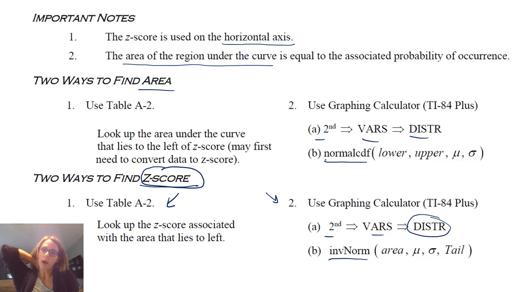But what goes inside is your lower bound, your upper bound, your mean, and your standard deviation. And I'll talk about lower bound and upper bound because the mean and the standard deviation we've already been talking about, 0 and 1. That's no different. So it's really just lower and upper that goes into normal CDF.